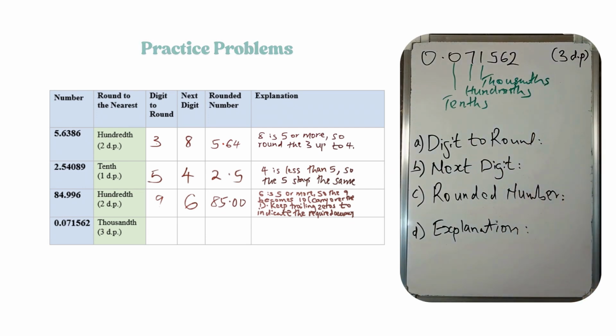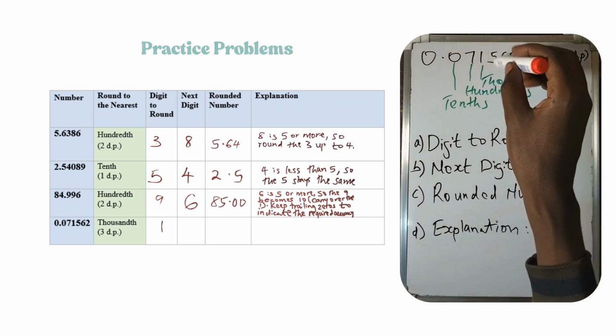So the digit on the thousandths place value is the digit to round, and that digit is 1. And the next digit immediately to the right of this digit to round is 5.